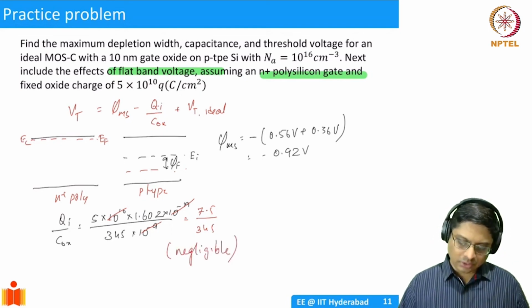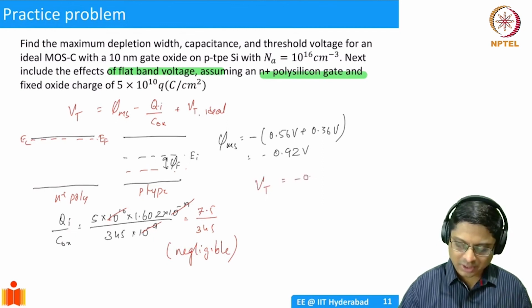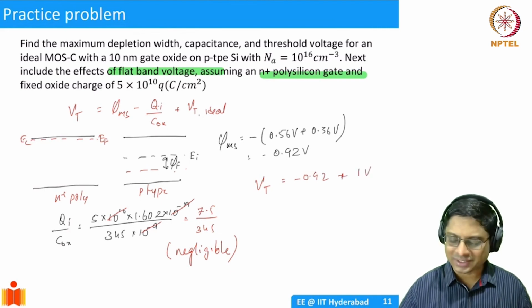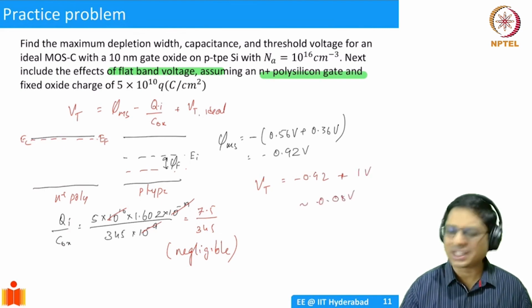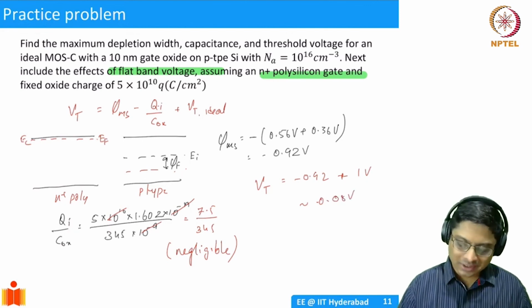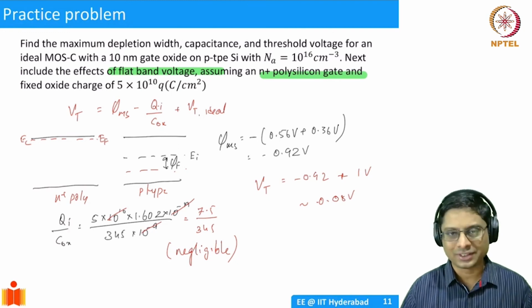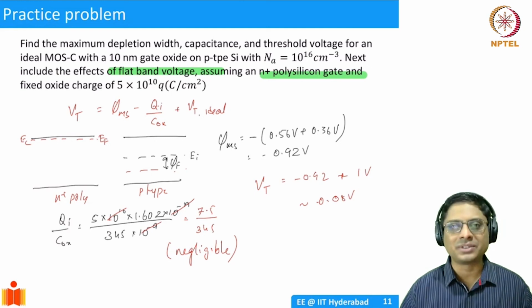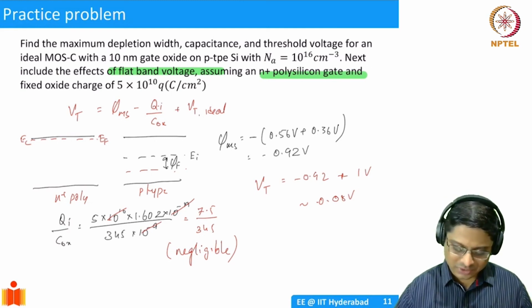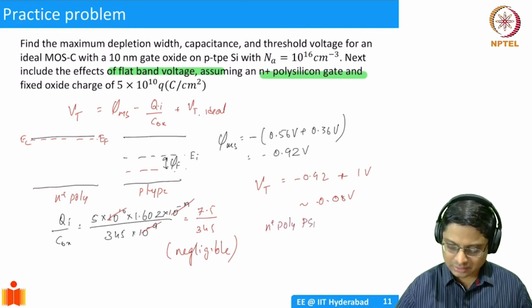So what is going to be my VT? VT is going to be minus 0.92 plus, we said it's 1 volt or something like that. So this is going to be simply 0.08 volts, in that range. So you see, this is one advantage of choosing N plus poly with P-type substrate. You have this large phi ms, which is negative, if you choose the N plus poly P silicon combination.